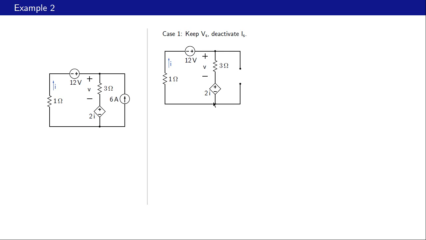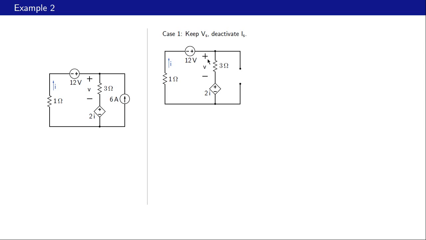Alright, now how do we solve this circuit? We have a loop here and we can write the KVL equation for this loop, and let us take voltage drop as positive for this purpose. Let us go like this. What is this voltage drop? It's 1 ohm times I, or just I. After that we come across a rise of 12 volts, so that would be minus 12 because it's a rise.